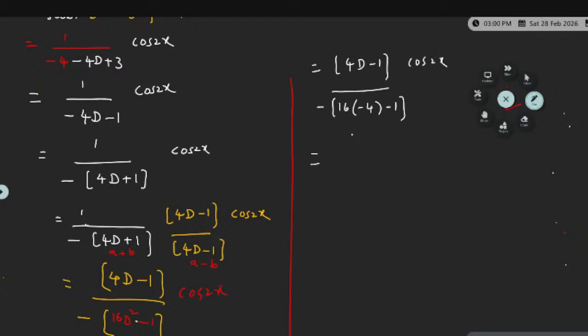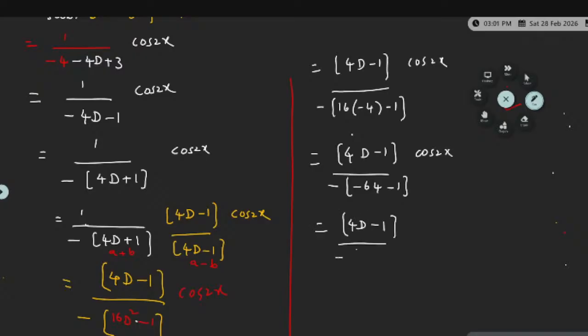That is 4D minus 1 by 16 fours are 64, minus of minus 65 into cos 2x. 4D minus 1, minus into minus cos 2x.